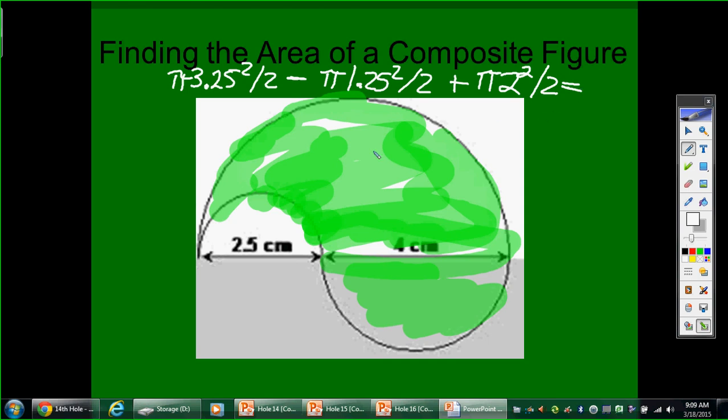And my area of this shape is 20.42, and that's a rounded number, and it would be in centimeters squared. So to summarize, when you have a composite figure, break it into smaller shapes that you recognize and have formulas for, and then put together or take away whatever you need to do to find the area of the shape that's left.